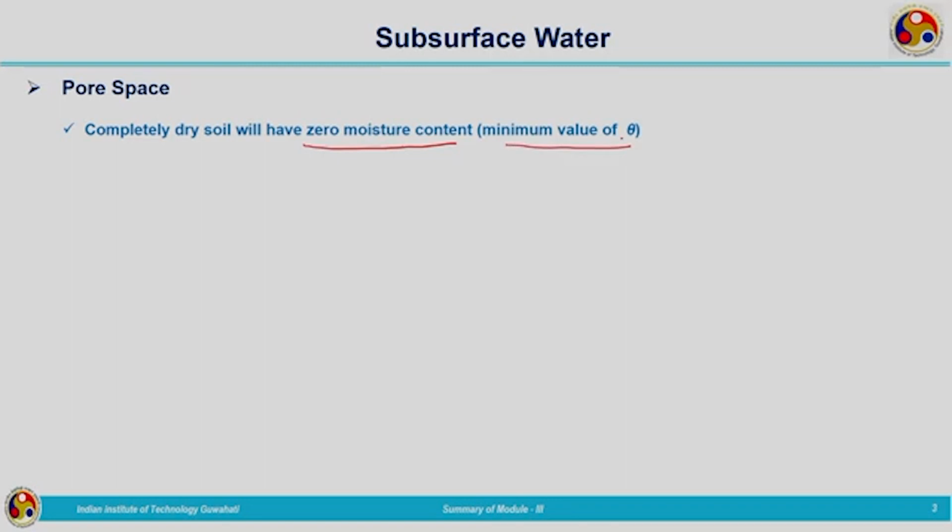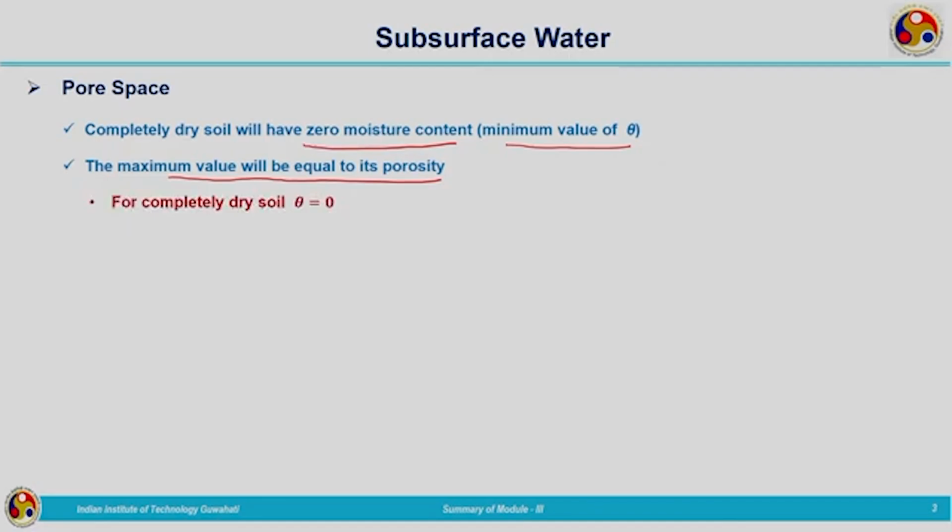Theta is the representation used for the volumetric moisture content. Soil with the maximum moisture content is equivalent to the porosity of the soil. So, completely dry soil has theta equal to 0 and saturated soil has theta equal to eta. The soil moisture content can vary between 0 and eta.